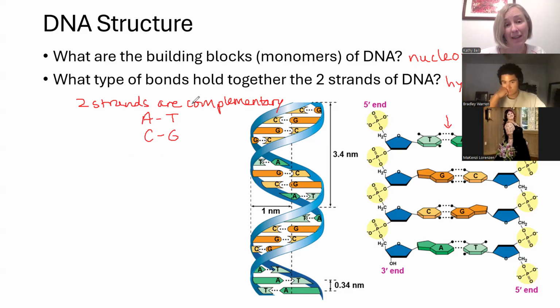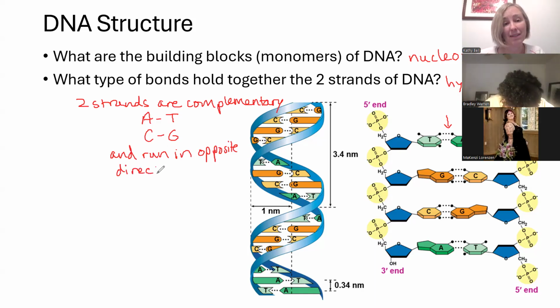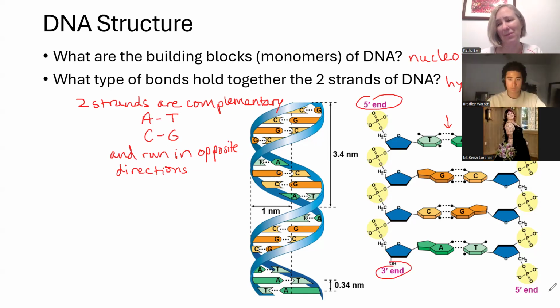And then we also say that the two strands are complementary and they run in opposite directions to each other. Remember, one of them is going to run 5 to 3 prime, and the other one runs 3 to 5 prime. So that's what we mean by running in opposite directions.